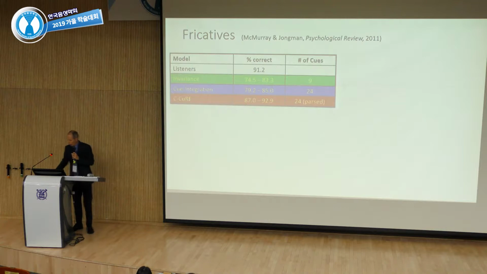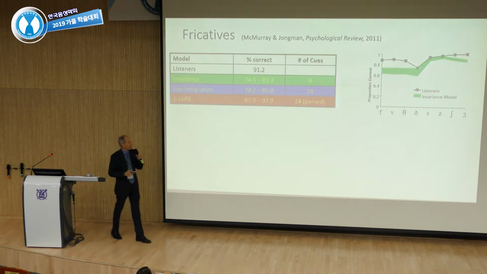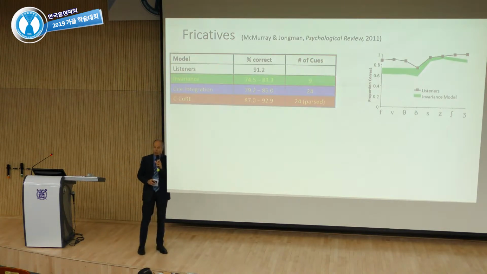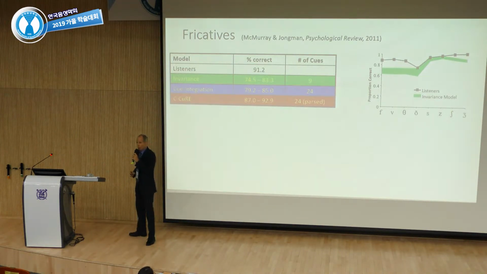If we feed those 9 nearly invariant cues to the model, we get the following pattern. The solid line here is listener performance for each of the fricatives. The green line is how well the model does when we feed it those 9 acoustic cues, and it is about 50% or so below human listener performance. So it doesn't do a very good job.